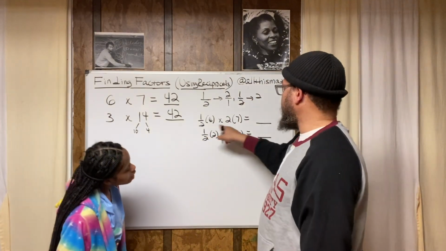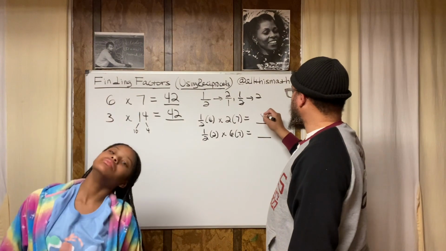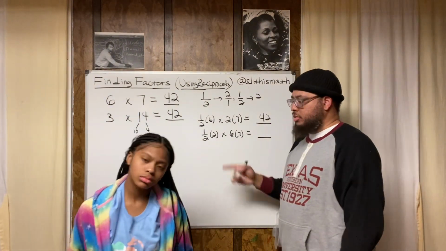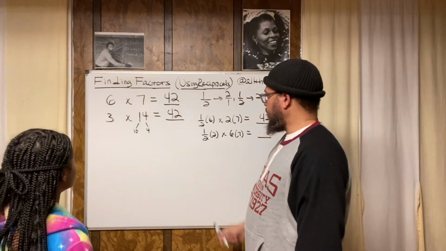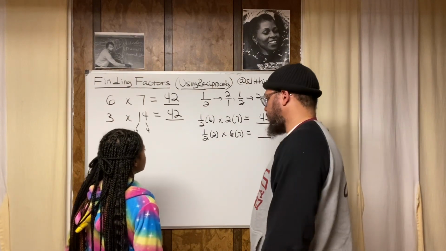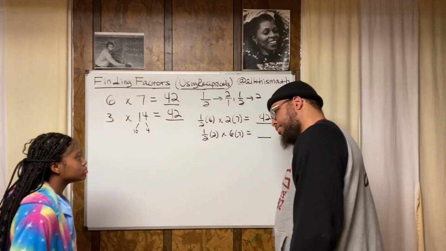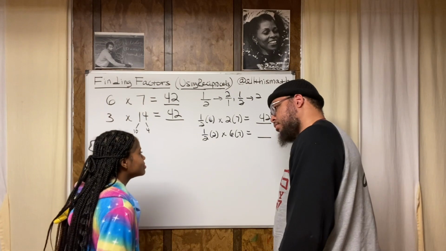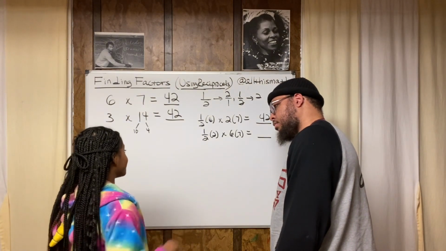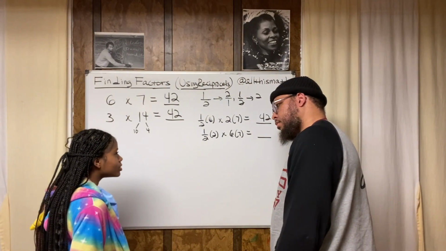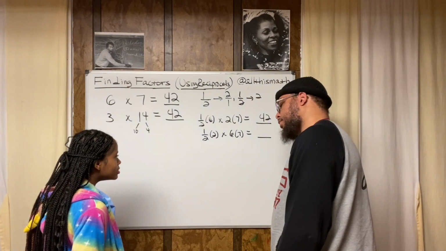Now, if I know that this is still going to be 42, what's 1/2 times 2, Assata? 2. 1/2 times 2 is 2? Really? I didn't say it all the way. How is 1/2 times 2 going to be 2?